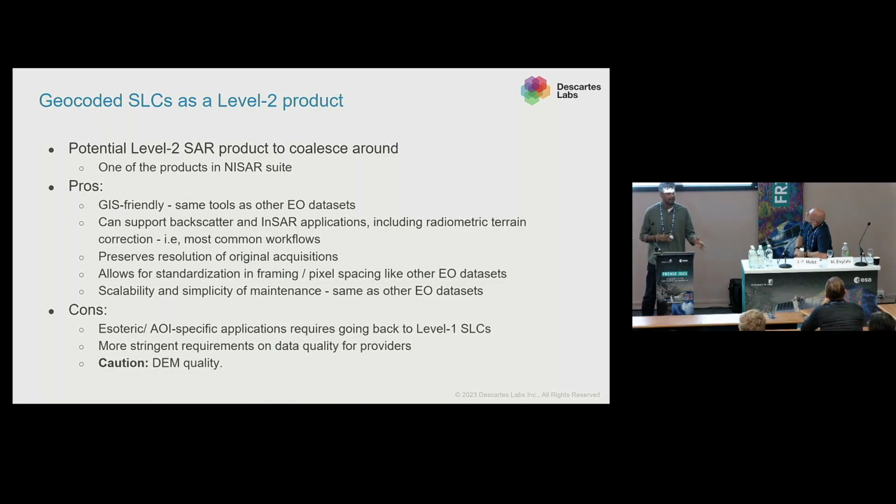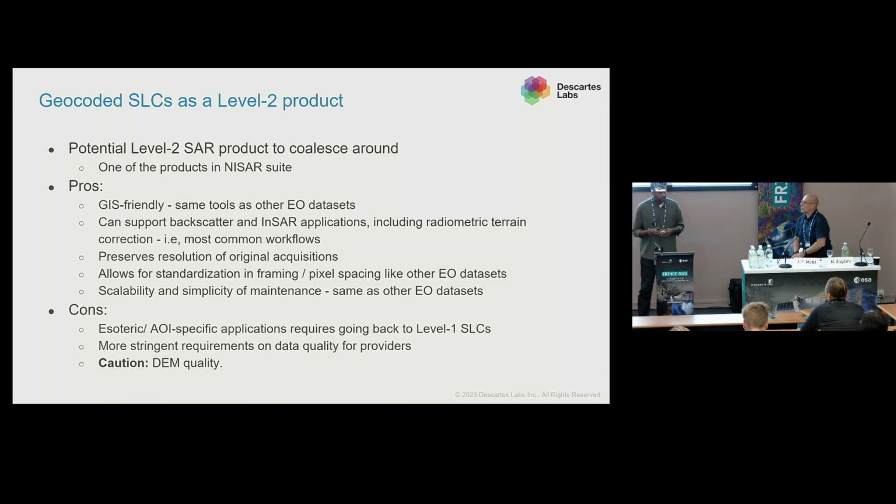It supports backscatter analysis. Users can do multi-look themselves as much as they want. It supports InSAR, again, with as much multi-look and filtering as you want. It keeps manipulation operations simple, very GIS friendly. We have also shown that the standard RTC correction is nothing but band math in GIS frameworks, so that is not a hindrance.